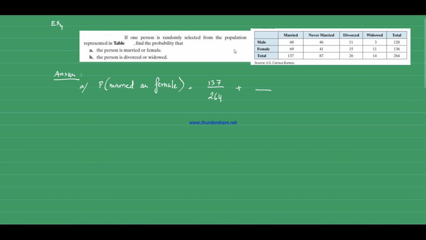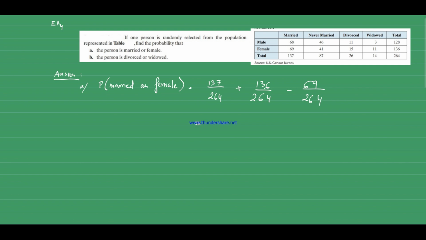Female is 136 over 264. But they could be male and female at the same time. So it will be minus 69 over 264.